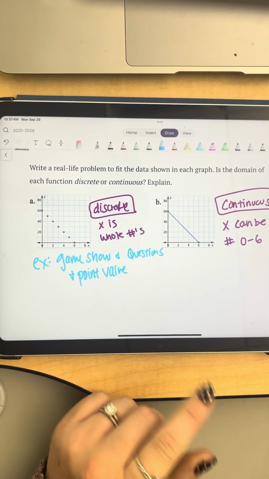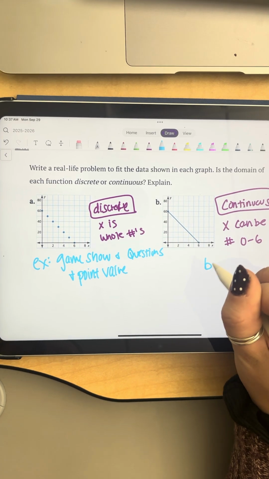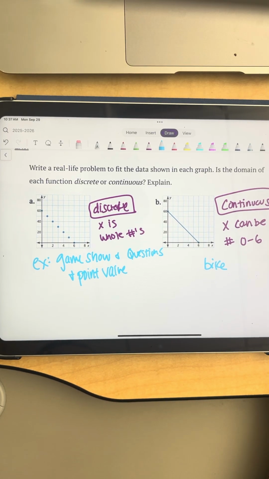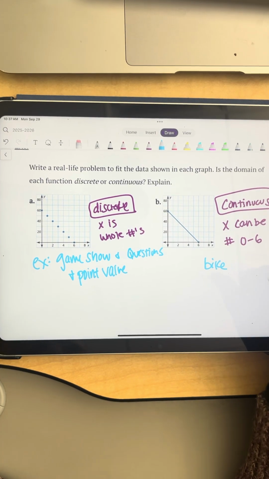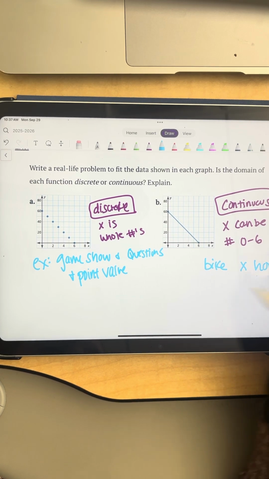And then for continuous, anything from 0 to 6. So let's say we've got like biking. Let's say the X is hours, so biking, so we've got X is hours. And then we've got Y is miles remaining.